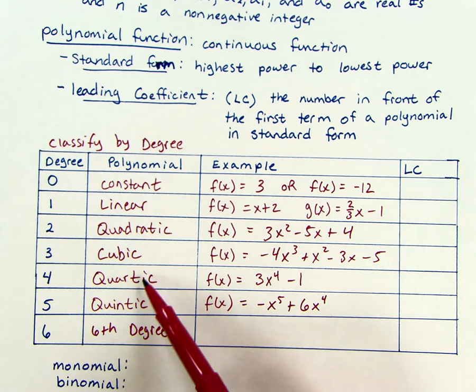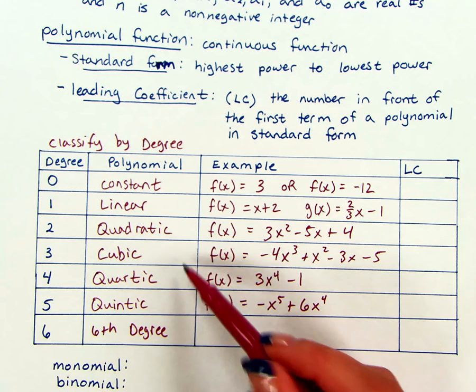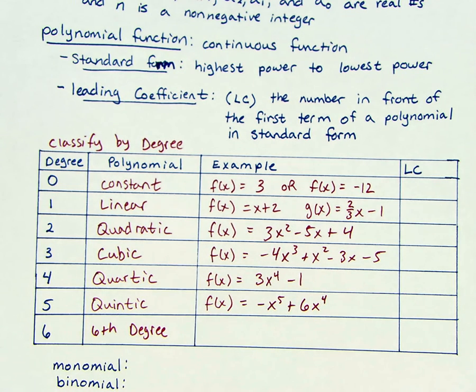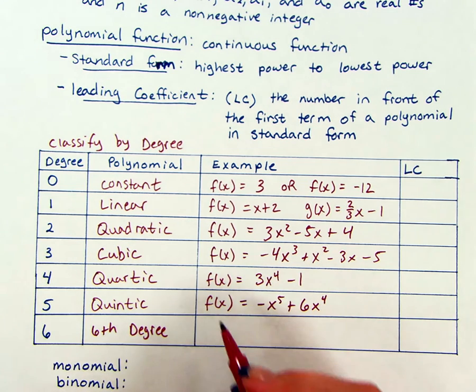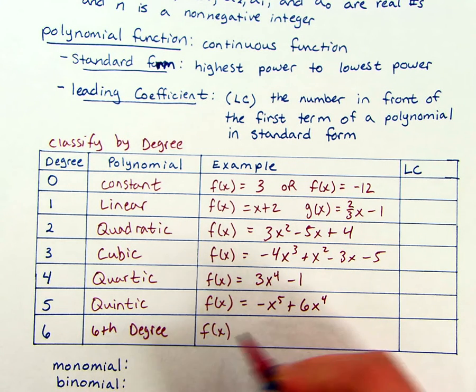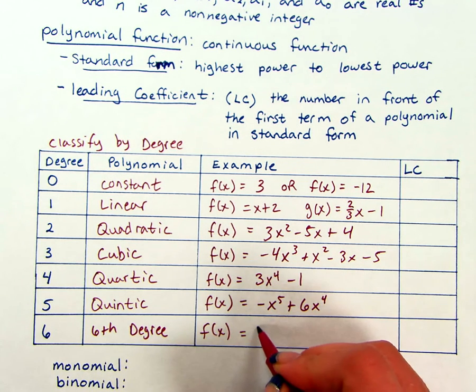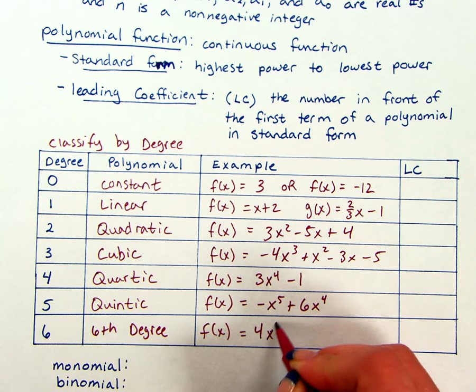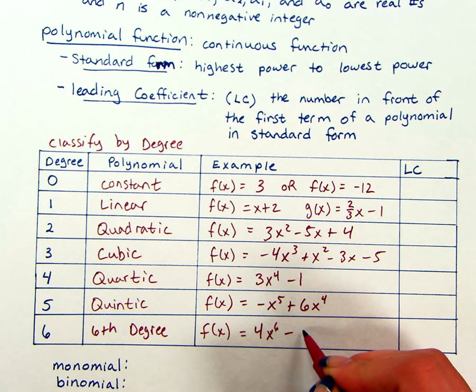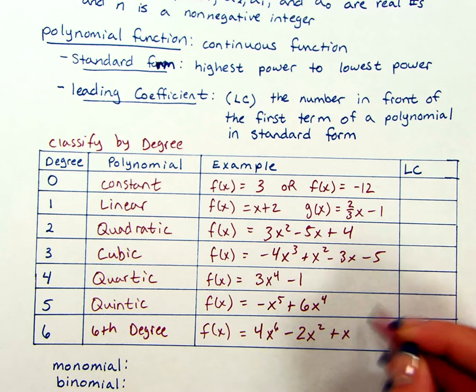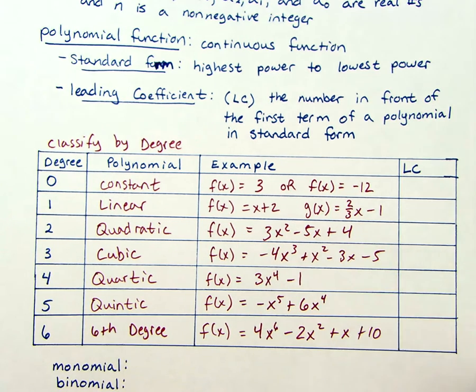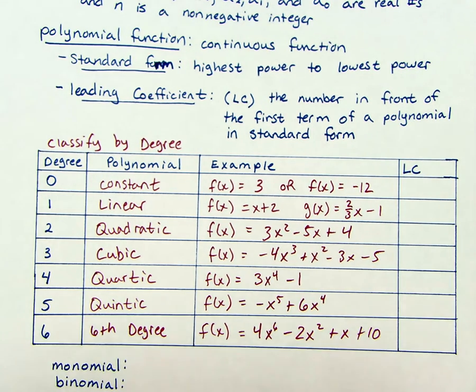Sometimes even with these two, we'll say it's a 4th degree or a 5th degree, but these vocabulary terms are used a lot more than the other ones because they're more common. Again, we could have something like 4x to the 6th minus 2x squared plus x plus 10. That would be one example of a 6th degree polynomial.